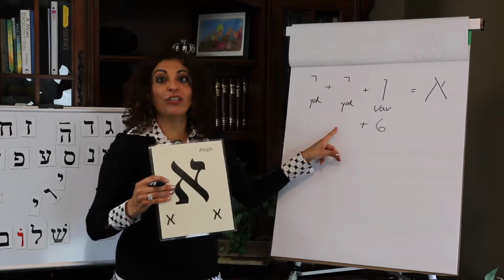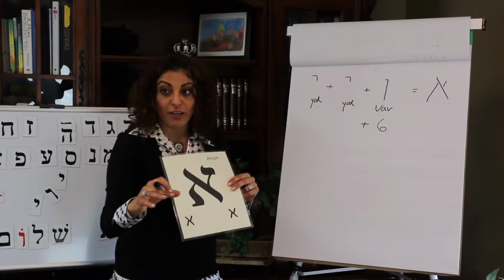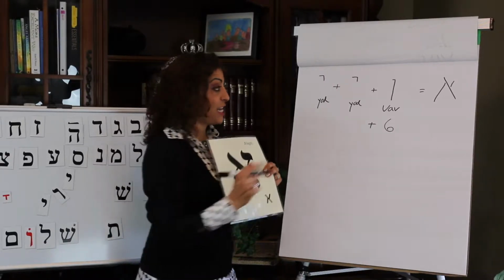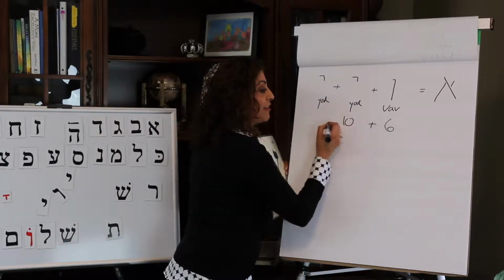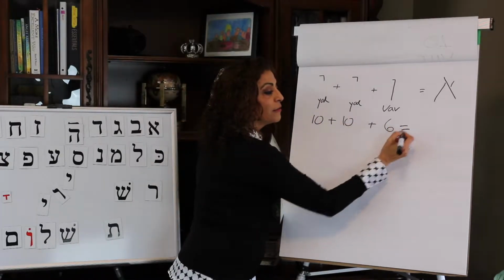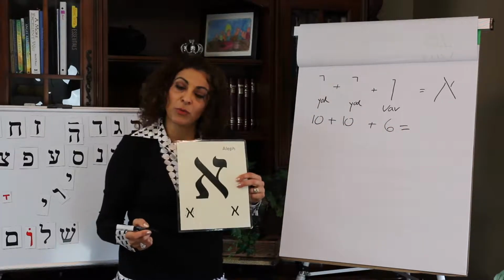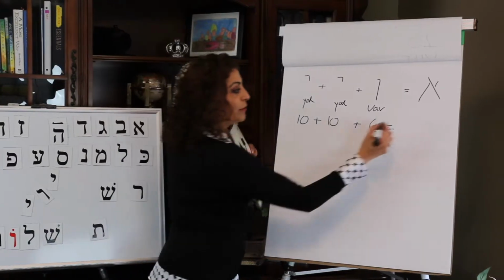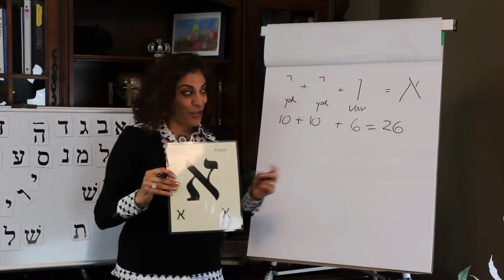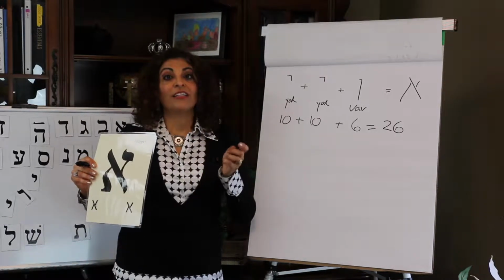What does Yud equal to? If you look at your chart, what does Yud equal to? 10. Right. And then another 10. What do we get? 10 plus 10 plus 6, what is that? 26.